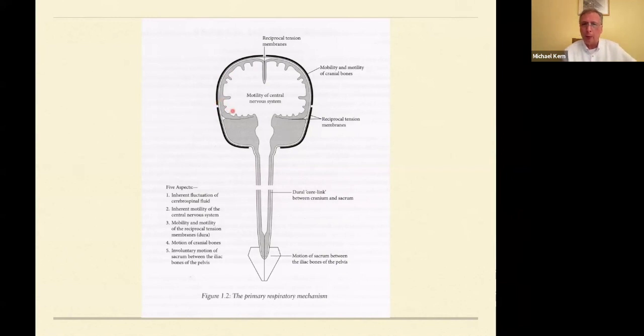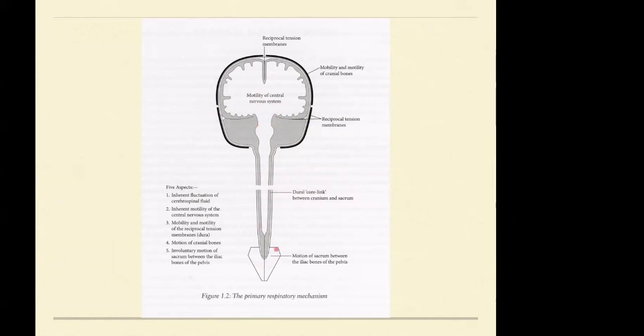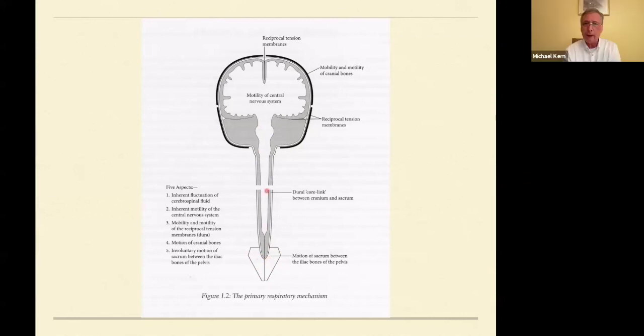And furthermore, there is movement that takes place within the central nervous system, within the brain and the spinal cord, and also importantly, within the fluid that bathes the central nervous system. And also at an early stage, he realized that the sacrum is very closely connected.